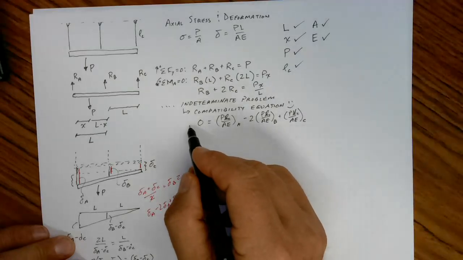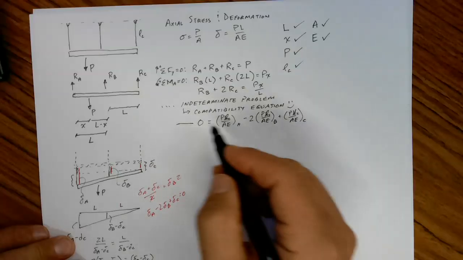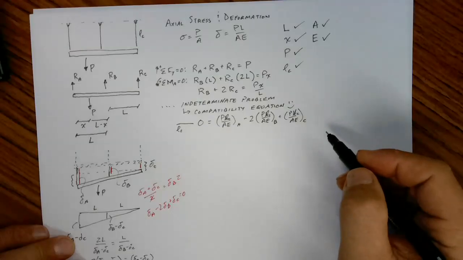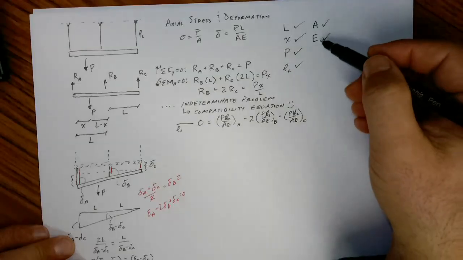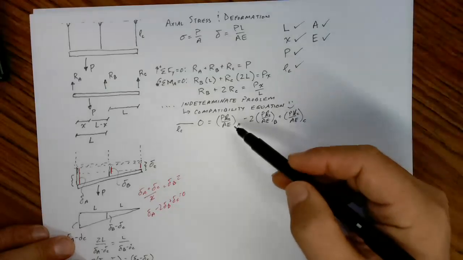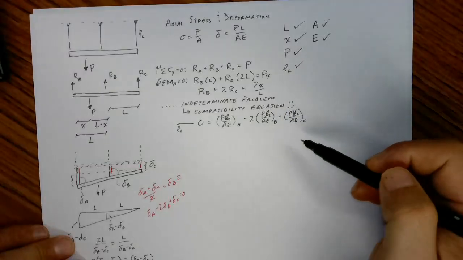And so I can divide each term by LC. For a typical problem, they're all the same material. Now, if they're different materials, we have to factor in the ratios here, and the math will get a little more challenging.